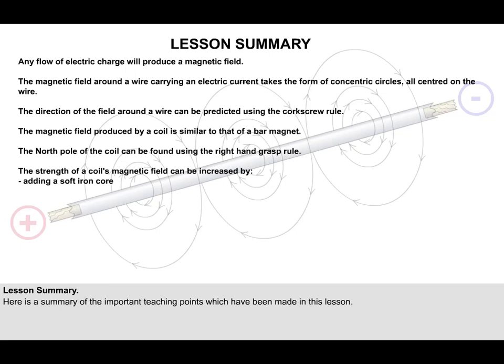The strength of a coil's magnetic field can be increased by adding a soft iron core, by increasing the current flowing in it, and by increasing the number of turns on the coil.